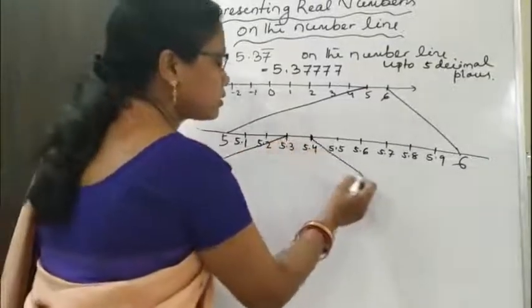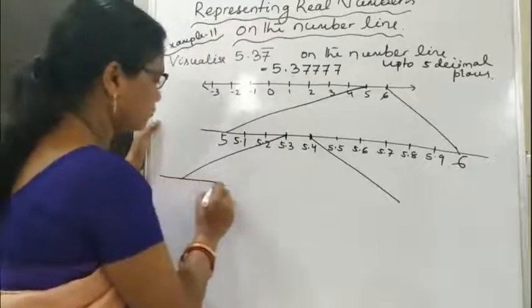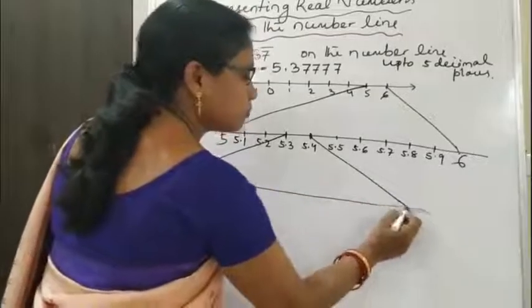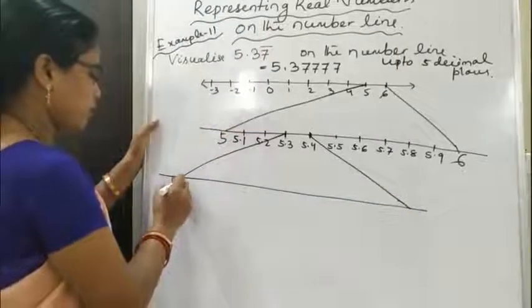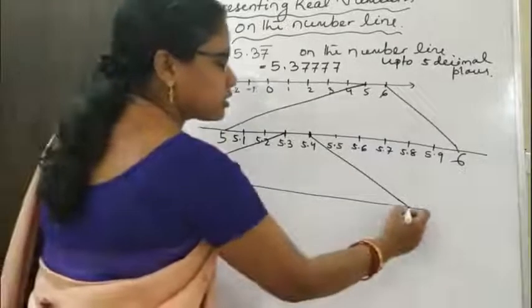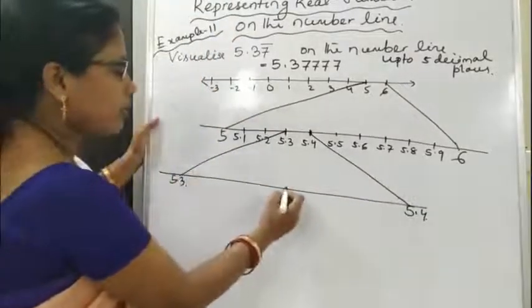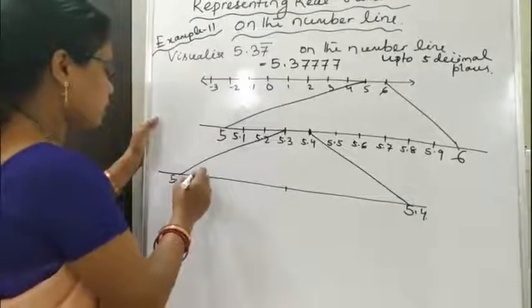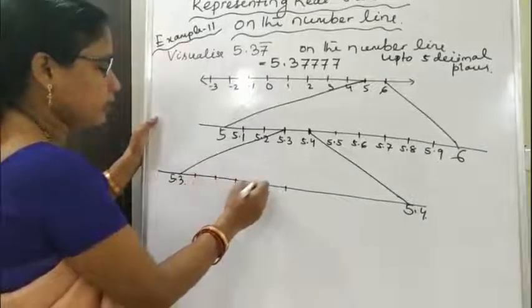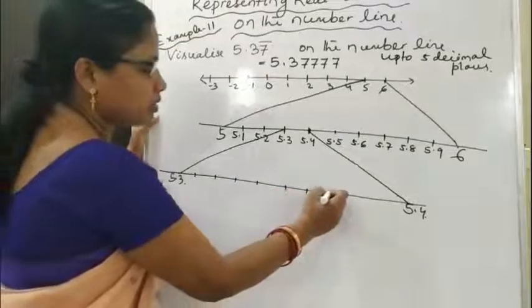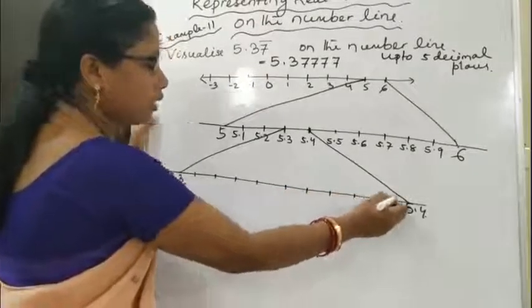So like this. Let this be 5.3 and this be 5.4. Again we have to divide it into 10 parts. 1, 2, 3, 4, 5, 6, 7, 8, 9 and 10.